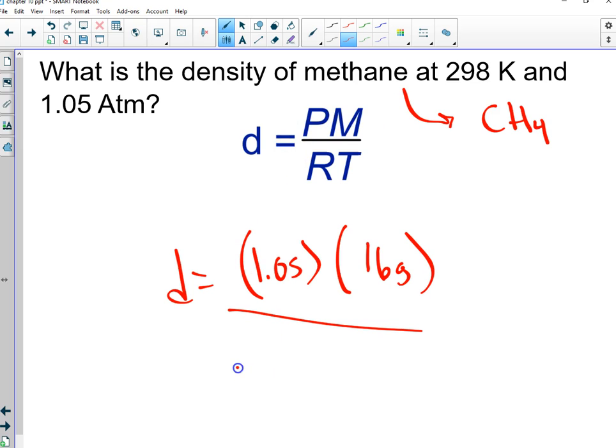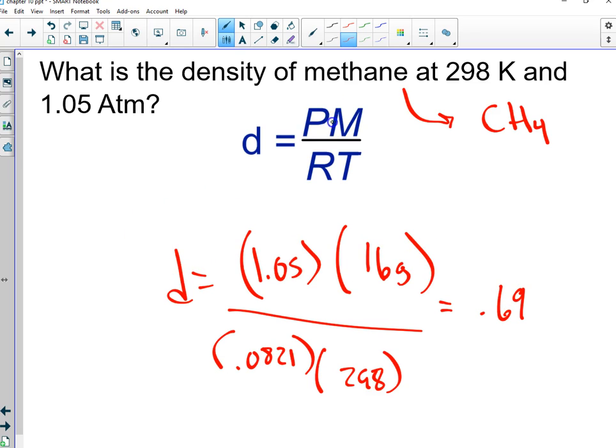R is 0.0821, and T was 298. You plug that in, and what did you get? 0.69. Now, you have to be careful here.